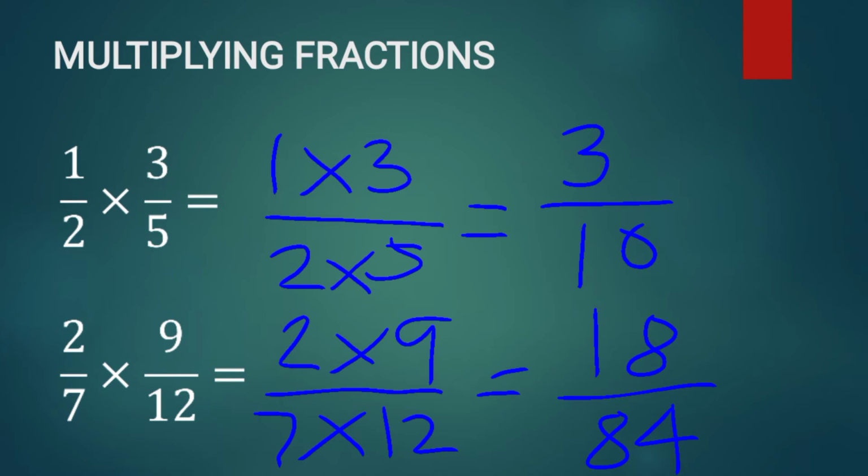So therefore, 2 over 7 times 9 over 12 is equal to 18 over 84.